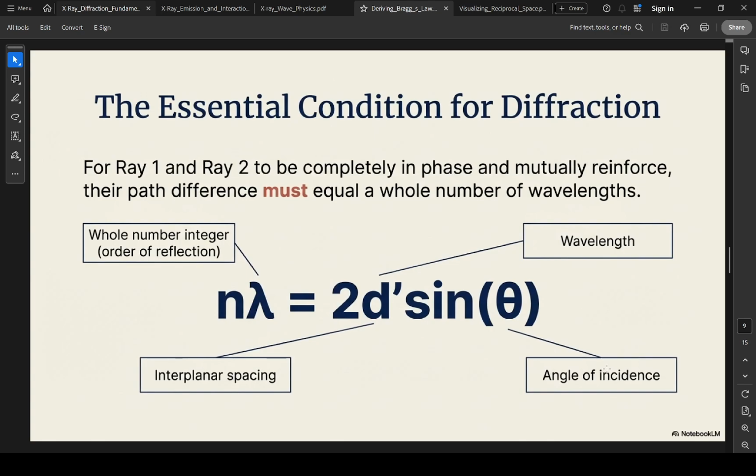Hence we get the equation n lambda equals 2d dash sine theta. Here n is your order of reflection, lambda is your incident wavelength, theta is your angle of incidence, and d dash is your interplanar spacing.